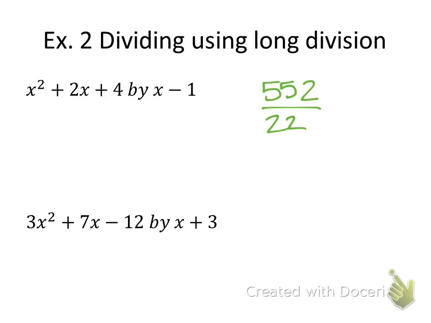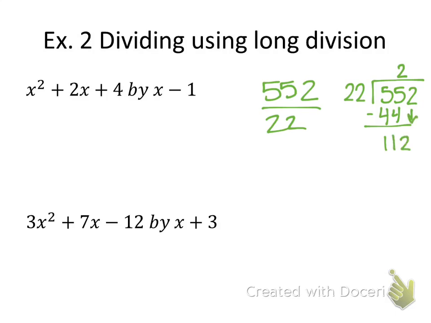So what I would do is I would take 22 and I would put it on the outside and I would divide by 552, okay? I'd ask myself, how many times can 22 go into 55? 2. 2 times. So I put the 2 right there. 2 times 22 is 44. I subtract and I'm left with 11. I bring down my 2.